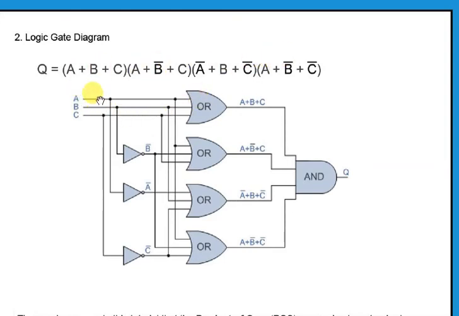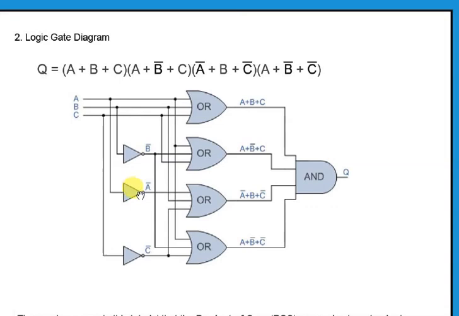A, B and C are fed into the first OR gate to get A plus B plus C. Then we have the second OR gate, which is A plus B complement plus C. We put a NOT gate and get the complement. In the third gate, we get A complement, so we put another NOT gate for the complement over here.